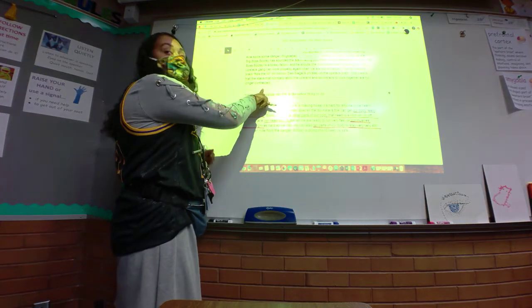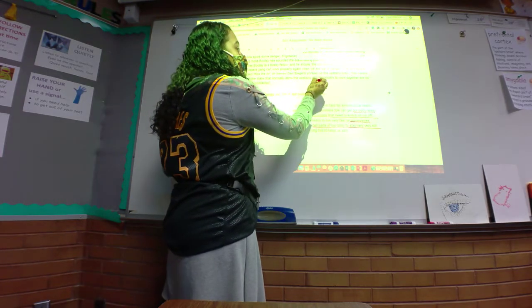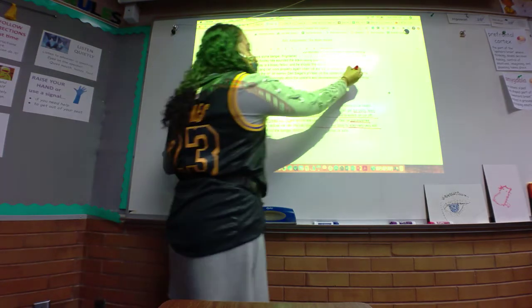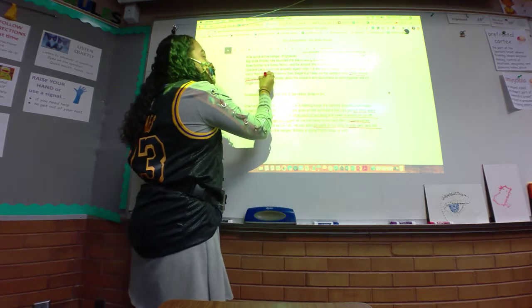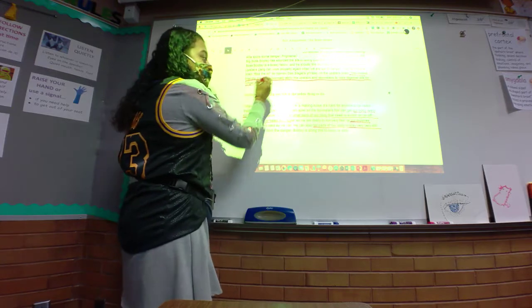Okay, I also want you to highlight this part up here. This means that the stairs that normally allow the upstairs and downstairs to work together are no longer connected.